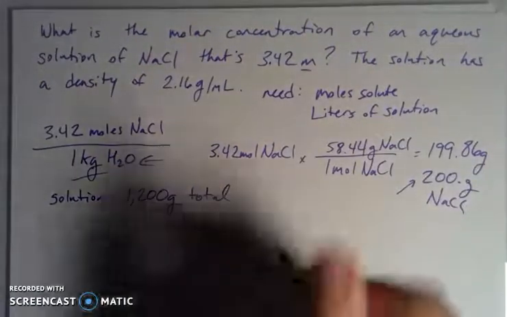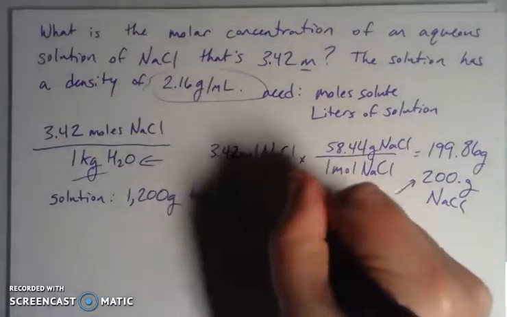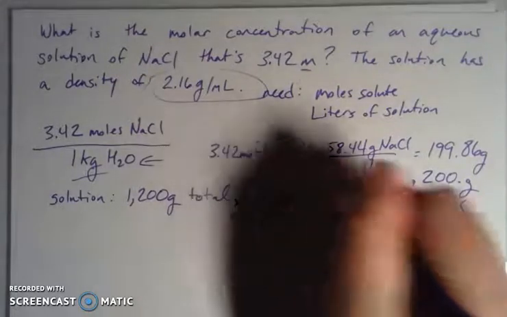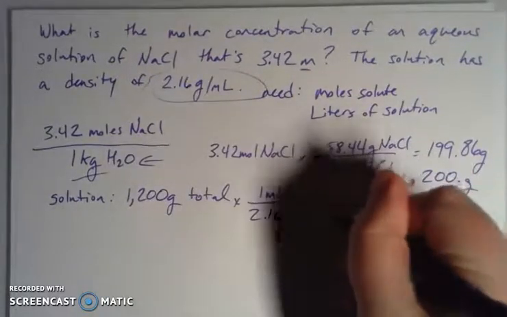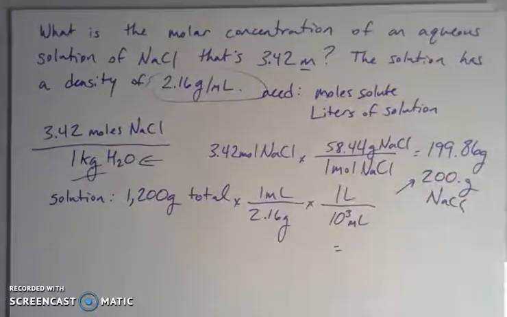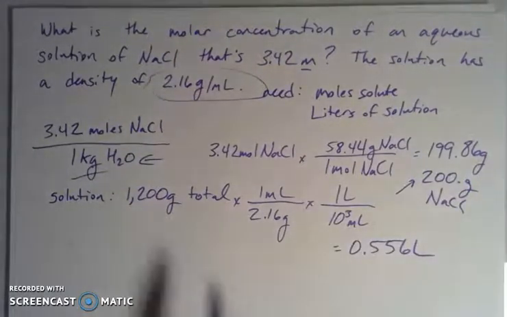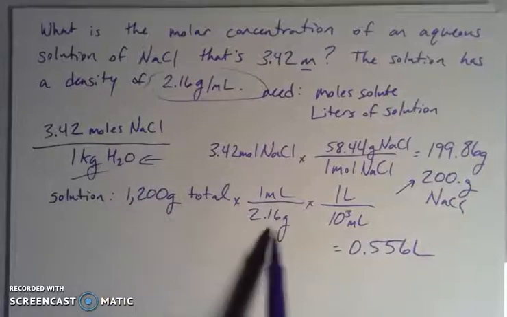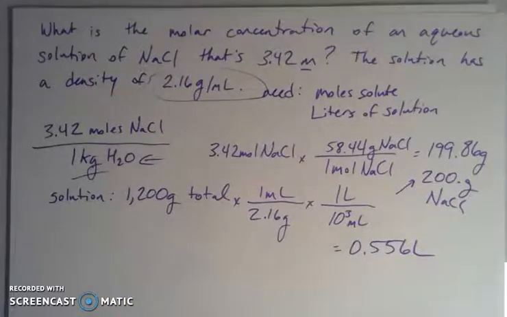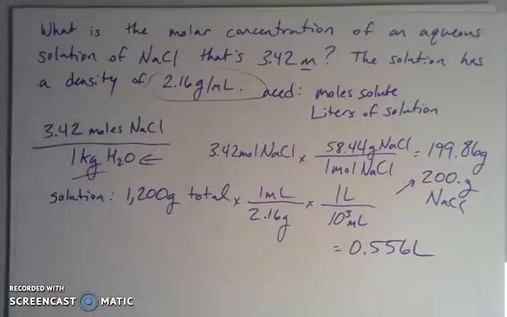What I can do with that then is figure out the number of liters, because I can use the density of my solution to go from grams to milliliters, and then from milliliters to liters. And that gives me 0.556 liters. So this divided by my 2.16 divided by 1,000 gives me this. And now I already have the number of moles, right? That's already given to me. The number of moles of solute stays the same in both molarity and molality, right?